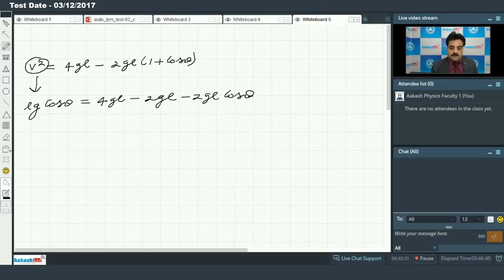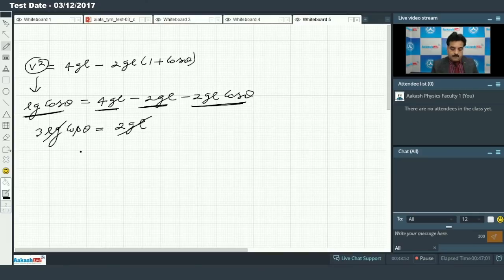Now I am going to arrange the terms of cos theta: 2gl cos theta and lg cos theta will become 3lg cos theta. And on the right hand side, 4gl minus 2gl gives 2gl. gl will cancel out, so the value of cos theta is 2 by 3.